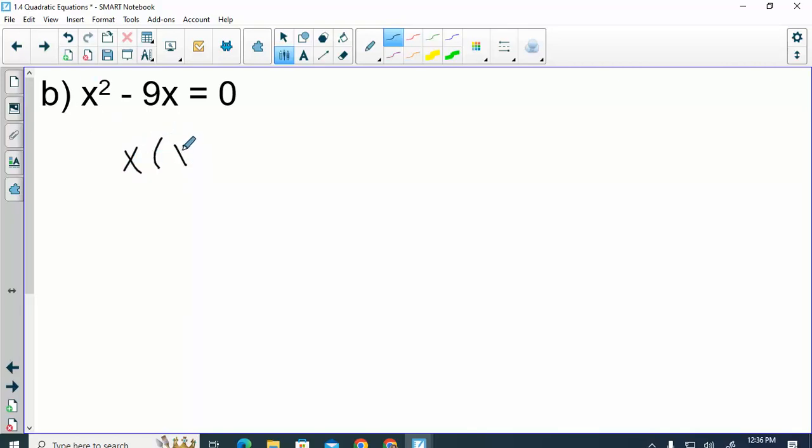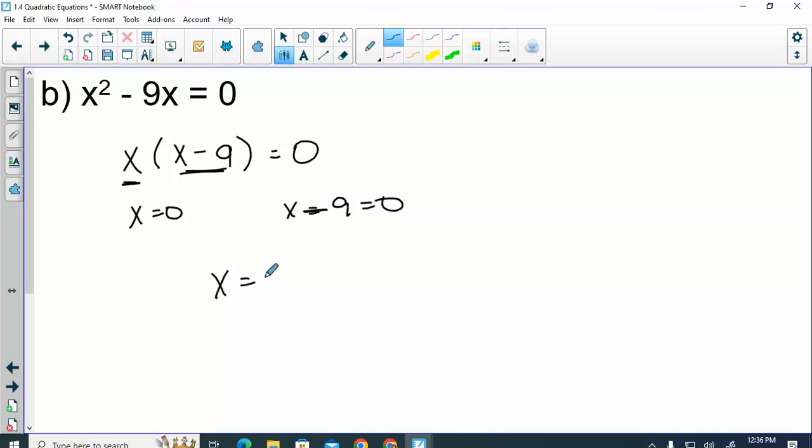So if you take out the x, that leaves us with x minus 9 equals 0. So what are the solutions? 0 and 9. You have two things multiplied. It seems like people always forget that if there's just a plain x out there, you're setting each of those to 0. So we just get 0 and positive 9 for our answers.